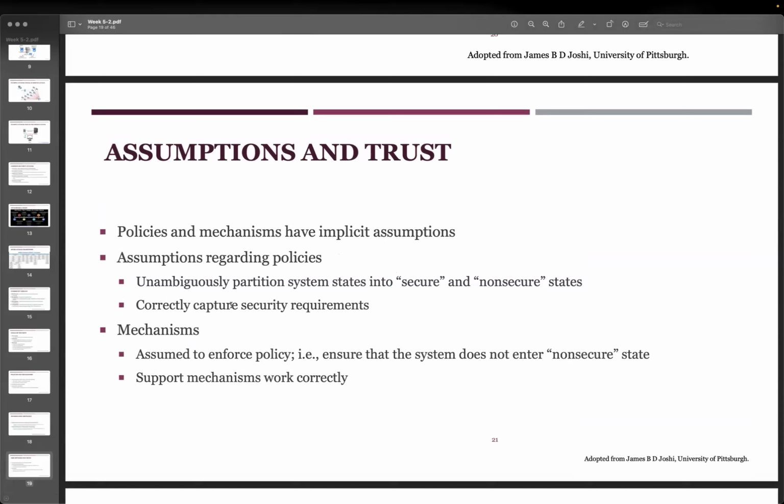Those assumptions regarding the policy unambiguously partition the system states into secure and non-secure states, and they try to correctly capture those security requirements in the mechanisms that try to enforce the policy. So how can we ensure the policy is good and distinguishes the non-secure state? Okay, how can we make sure and support that the mechanisms work correctly?